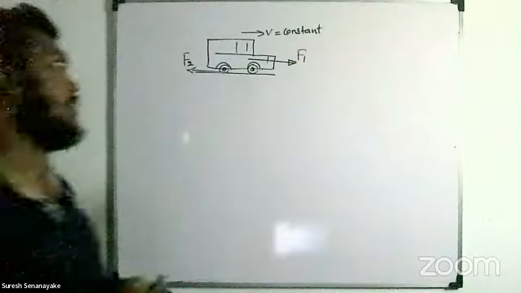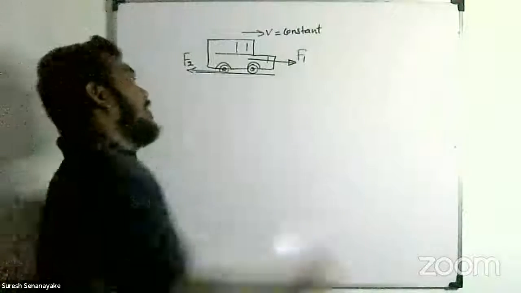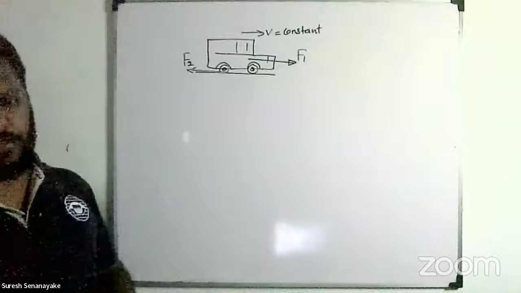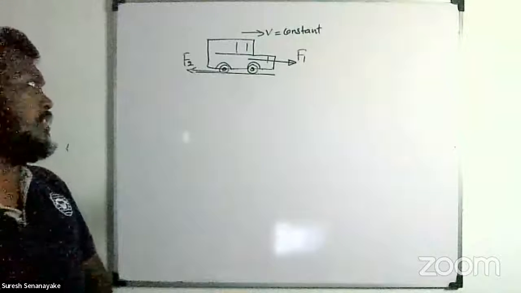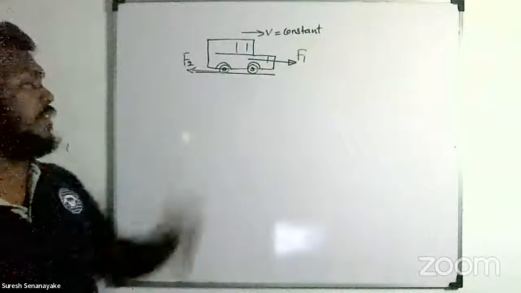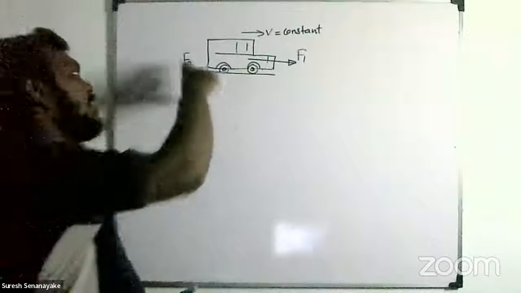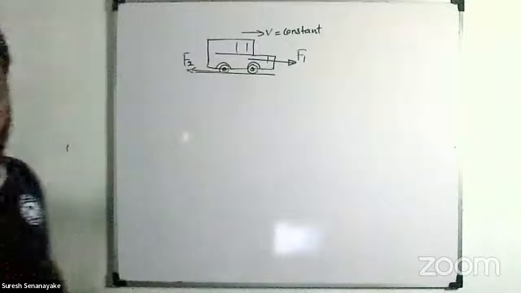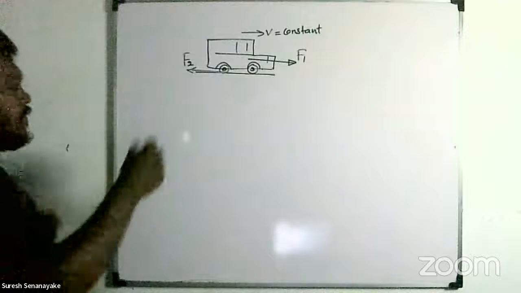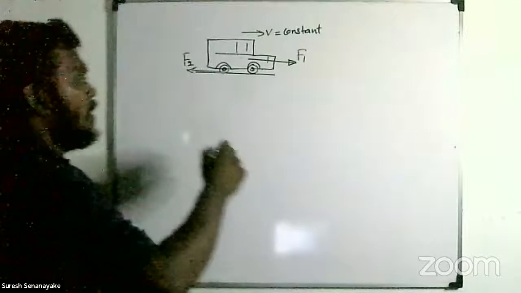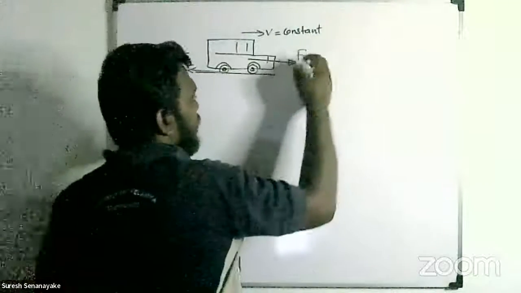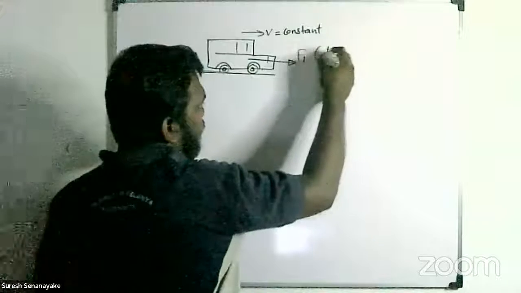V is constant, right? Constantly they are moving. In this case, to move the vehicle at constant velocity, the engine should give a force which equals the total resistive force, let's say the friction or total resistive force. And here this F1 we call the tractive force.